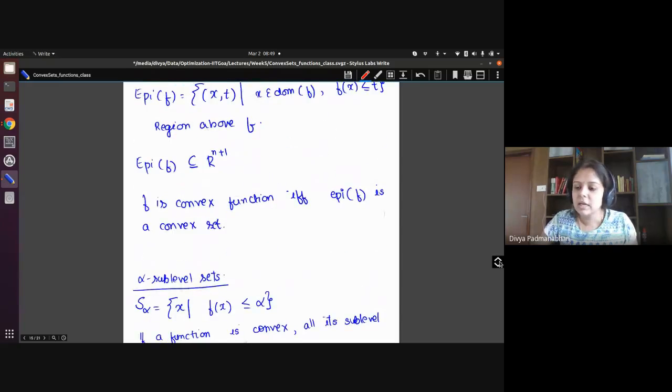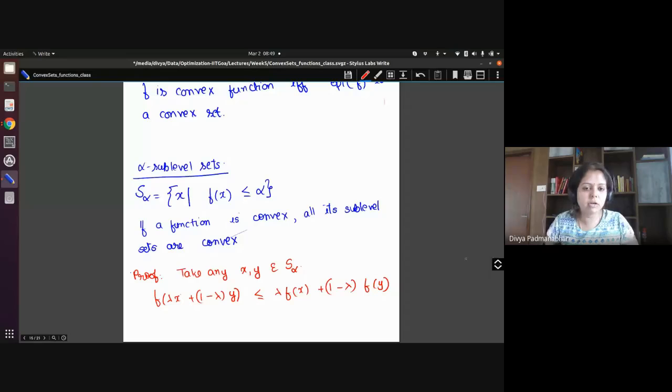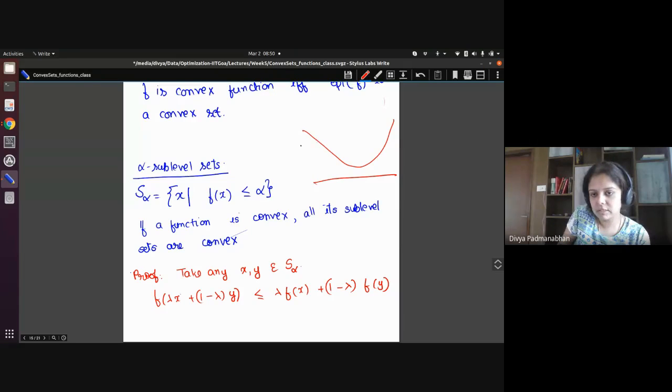Now another concept which connects the two is something called the alpha sublevel sets. This is just looking at a function like this, and you cut off at some threshold alpha. The set S is the set of all points for which f of x is less than or equal to alpha.